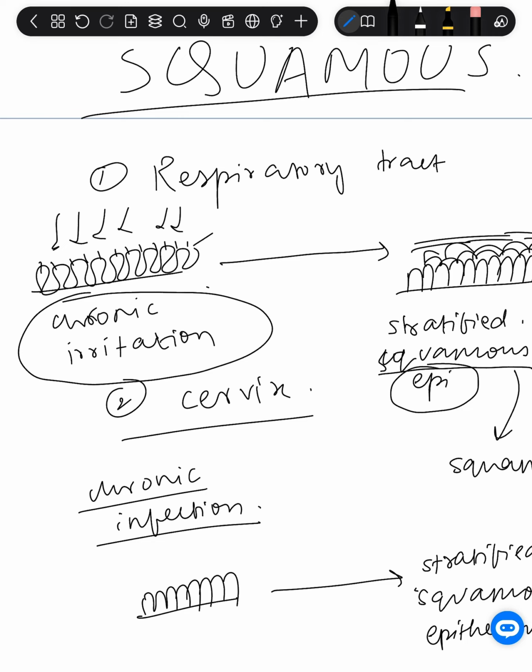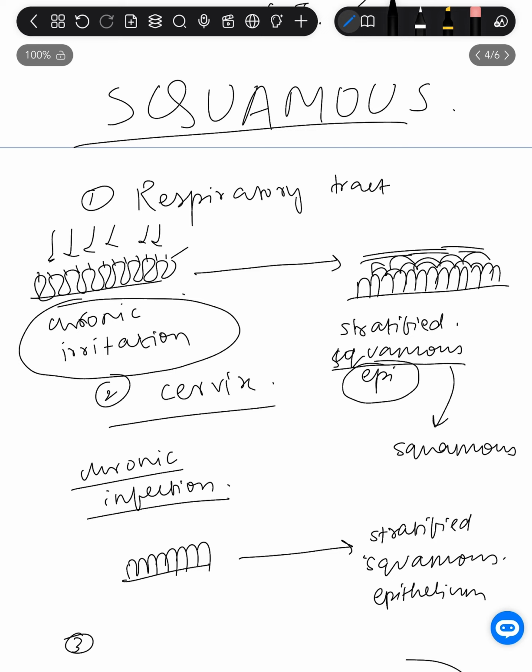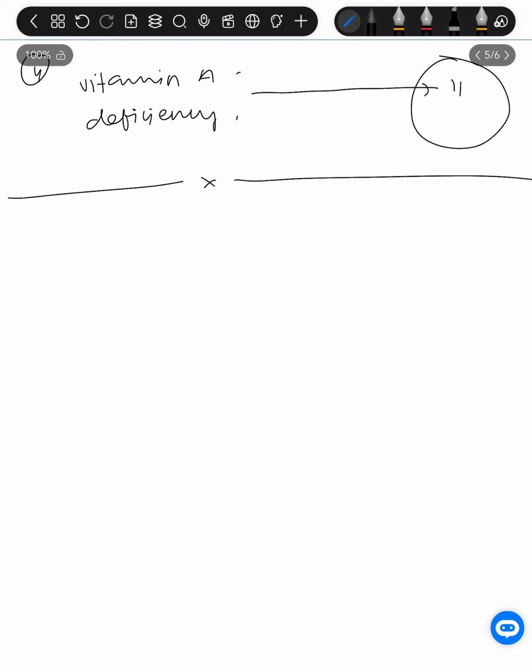So if the cilia are lost, that protective action is also lost. And the mucus secretion, of course, the pseudostratified columnar epithelium had goblet cells also. The mucus was also produced. Now that is also lost. So in Robbins, it is written that it's a double-edged sword. In one way it is helping, but in another way some functions are also being lost.